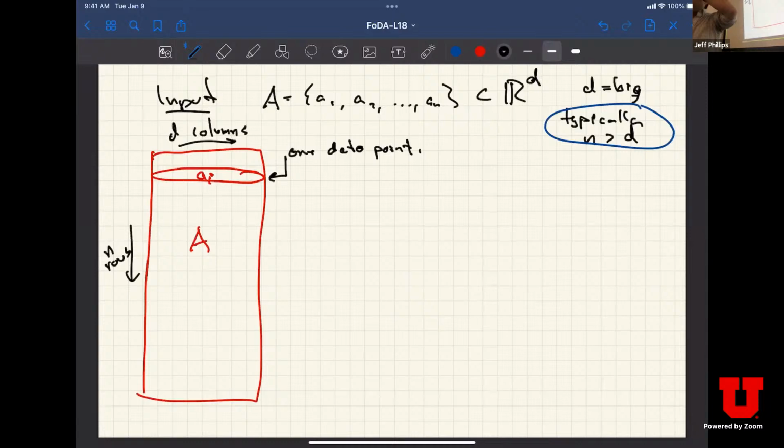Okay, and an important part about this is that for dimensionality reduction, we need one other constraint here, which is a little less mathematical and more about the modeling of your problem. And that is that each a_i, you want to think of this as a_i1, a_i2, up to a_id.